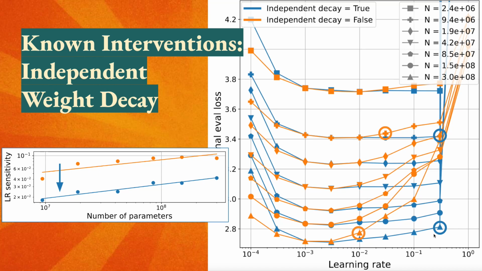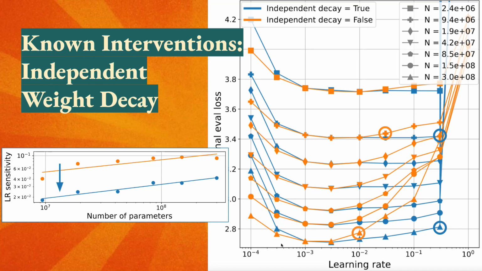And we can see that the blue line is relatively flat, right? The loss is around 2.7, 2.8. Whereas the orange line is distinctively U-shaped. So a small change in learning rate is going to deviate from the minimum here at around 2.7. And so that again is another nice visual way to get a sense of what LR sensitivity is.